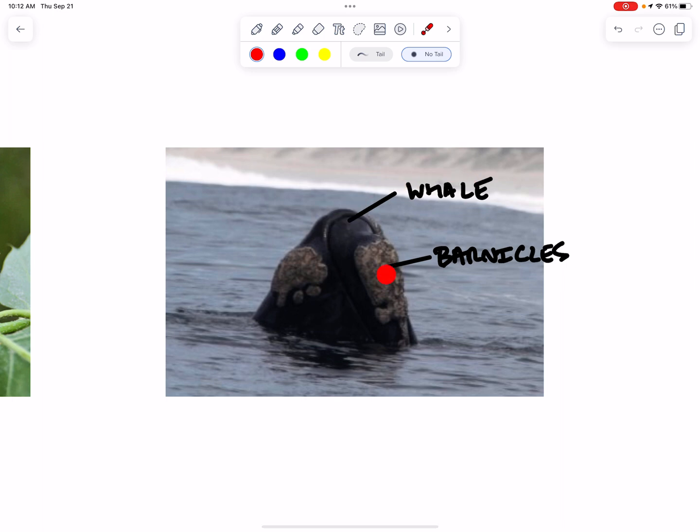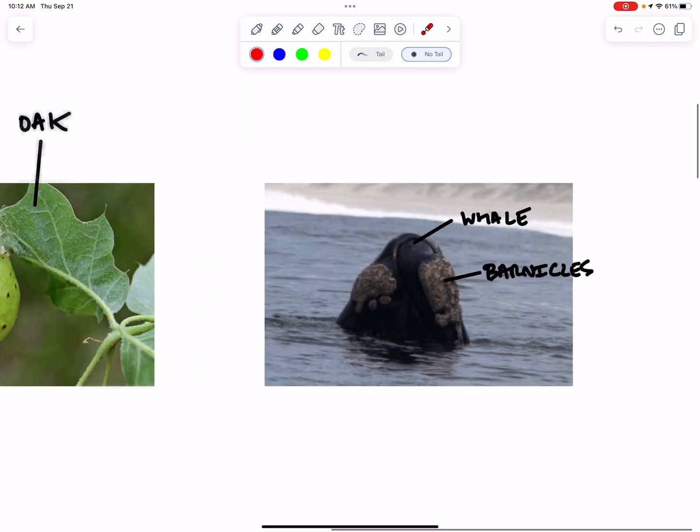So the whale is unaffected by the barnacles, but the barnacles are positively impacted because they get a free ride around the ocean, and they filter feed wherever the whale goes.